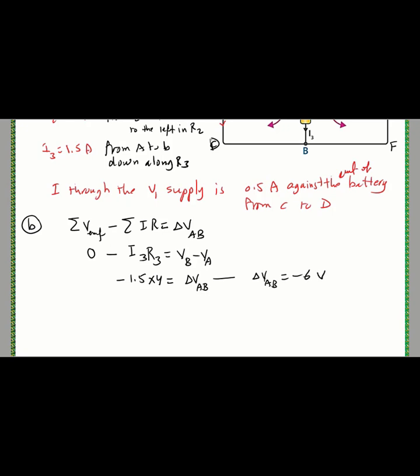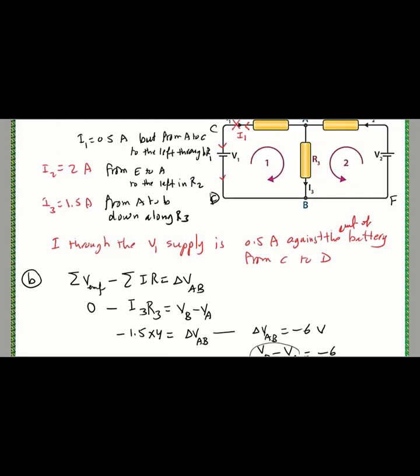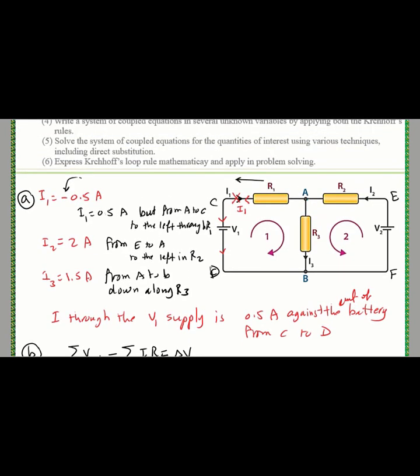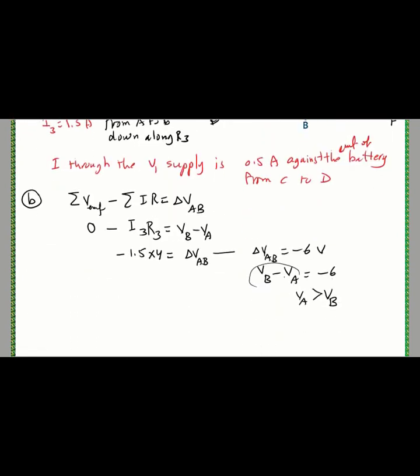What is the meaning of minus 6? VB minus VA equals minus 6. That means the voltage of A is larger than the voltage of B. To become negative, VA should be larger than VB, which matches our result, because the current is flowing from A to B, so A is at higher voltage, B at lower voltage. But don't forget how to apply this equation.